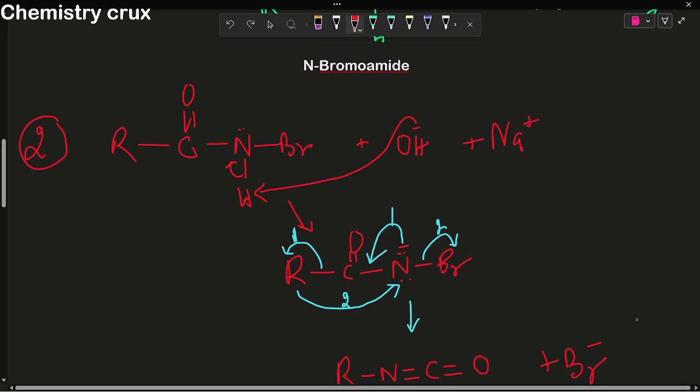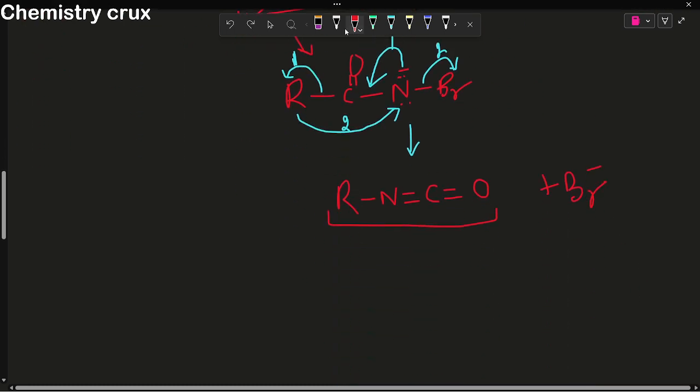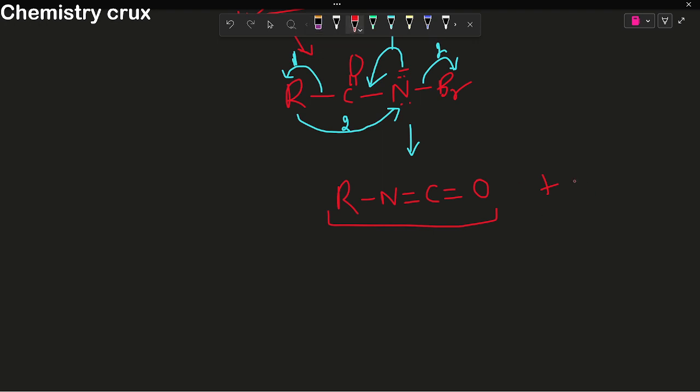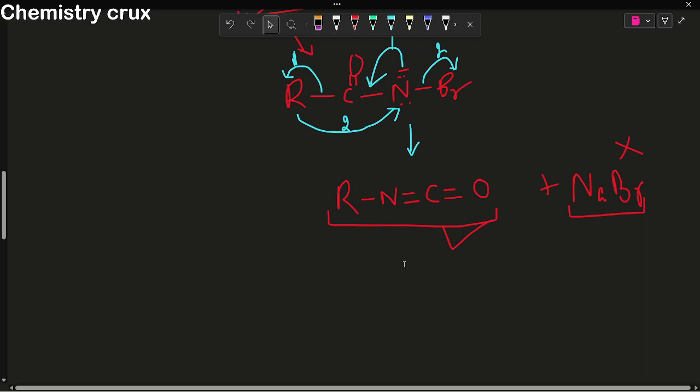Sodium bromide. This is the product which we are not concerned about. This is the product that we are concerned about, and it's called isocyanate. Let me write it down here. Isocyanate. Fine. This is the product of the second reaction.